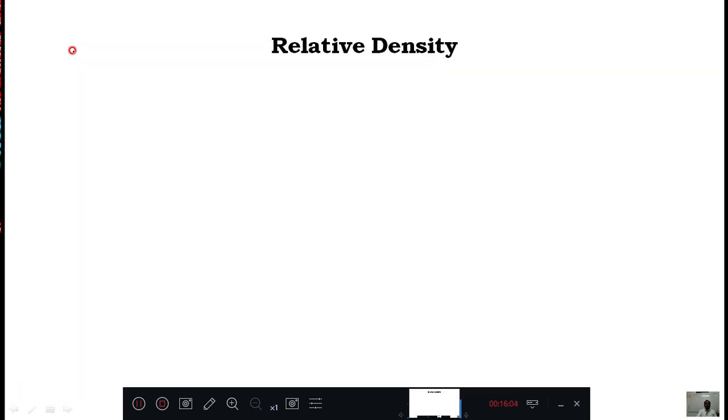Understood? Then relative density. Relative density is an index property for sand. It is an index property for sand material.